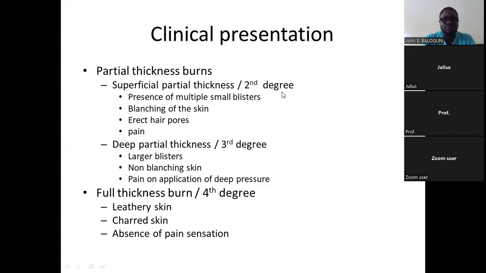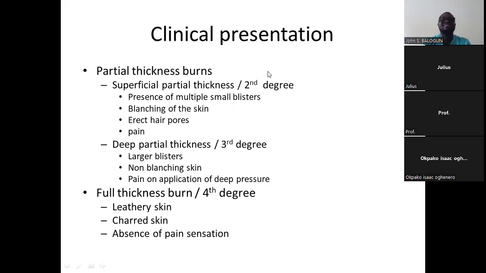We are together. Okay. So for full thickness burn, the skin is leathery. The classical way I would describe it, it's like pomo. You know pomo, meat. Yeah, that's how the skin is. It's leathery like pomo.